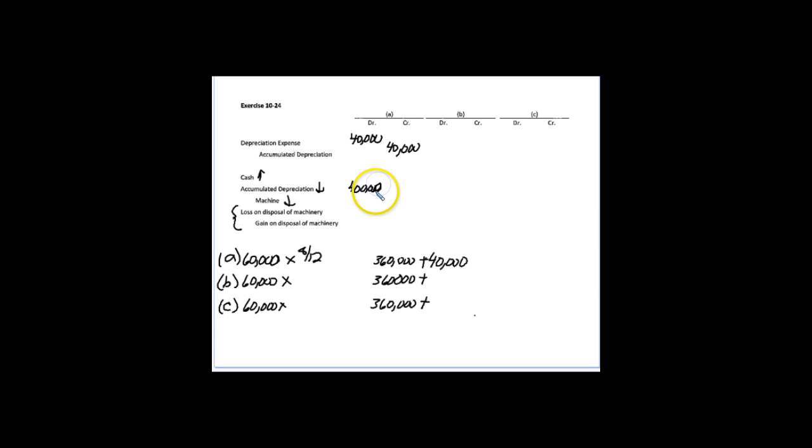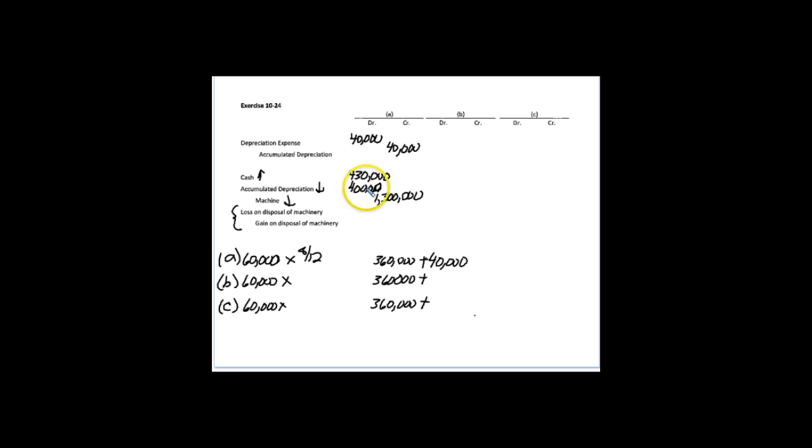In the second part of this entry, we're going to get rid of accumulated depreciation. It now has a balance of $400,000. The asset itself, the machine, had a cost of $1,300,000, so we'll credit that. So I've taken care of removing book value. Cash came in in this case. They got insurance proceeds of $430,000.